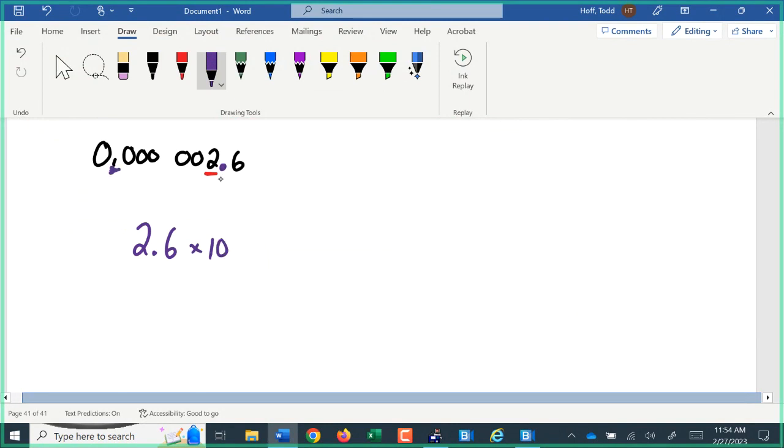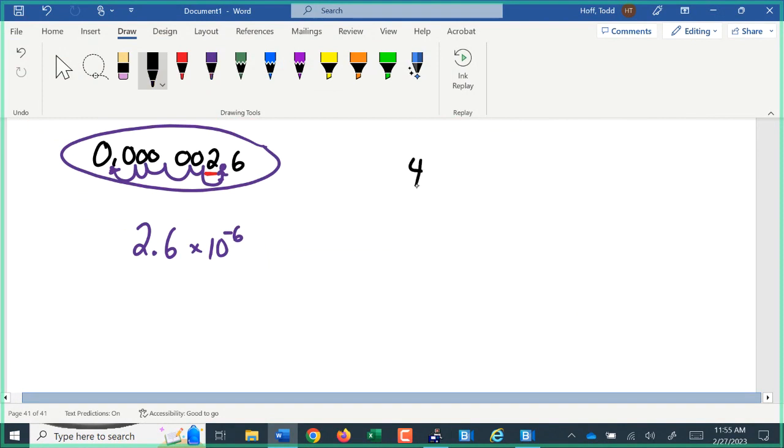Right now it's here, and I have to get it over to here. So I'm going to go 1, 2, 3, 4, 5, 6 spots. So my power of 10 is either 6 or negative 6. This number was small. It was smaller than 1, so that means its place value has to be in the negative powers of 10. So it's 10 to the negative 6 is the place value.